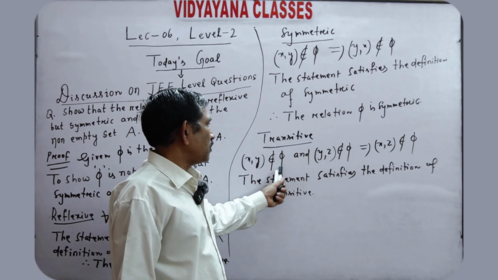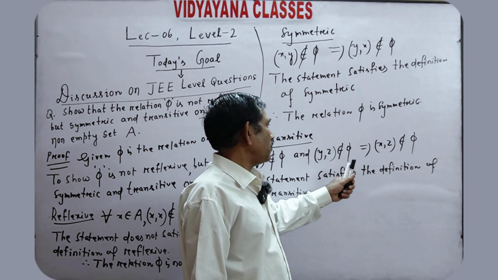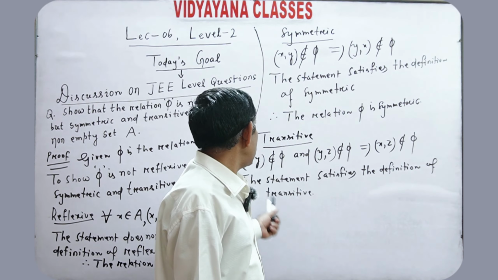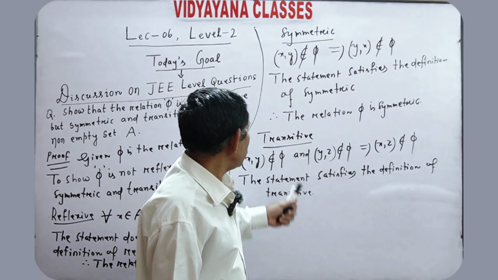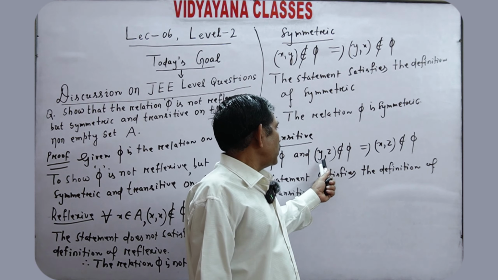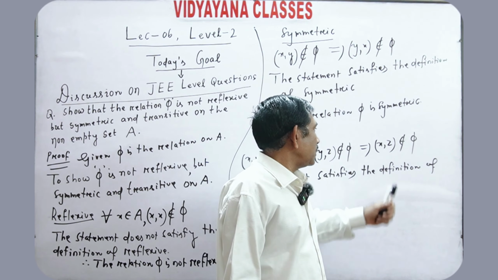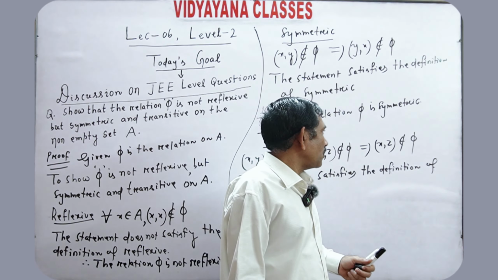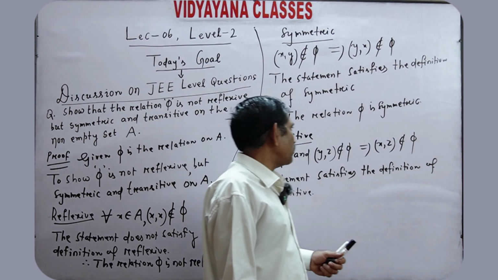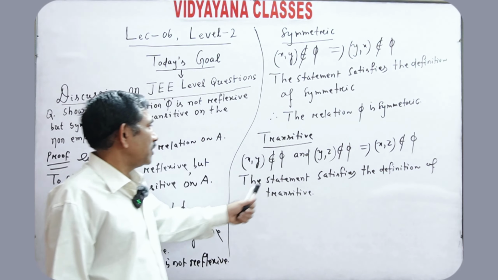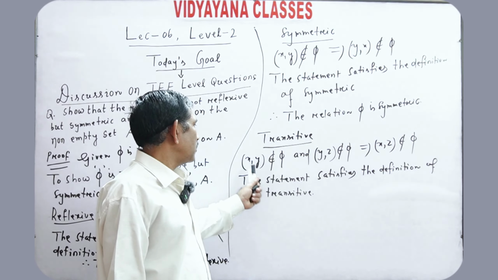(x, y) belongs to R, (y, z) belongs to R, (x, z) belongs to R, or we can say (x, y) does not belong to R, (y, z) does not belong to R implies (x, z) does not belong to R, is also the definition of transitive. Here the relation is phi.